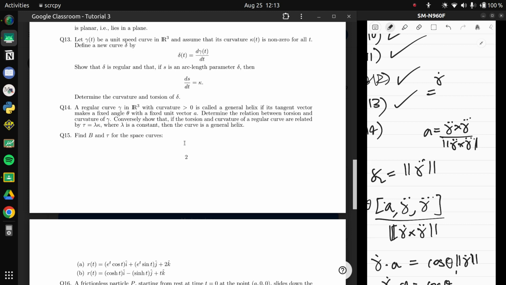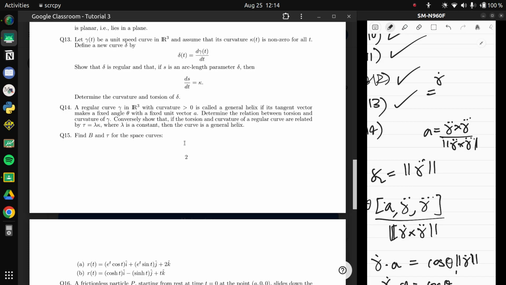Think about it. How do I go up? And then orthogonalize the whole thing. Gamma double dot, gamma triple dot. Think. Oh, I can use this fact. If gamma dot is a unit vector, in that case gamma double dot would be perpendicular to gamma dot.